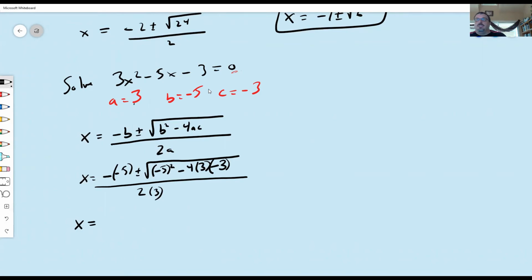Now I've plugged in, I just need to simplify. Minus and minus right here make a plus. Minus times minus here makes a plus. So 5 plus or minus the square root. 5 squared is 25, and minus times minus makes a plus. So 4 times 3 is 12, and 12 times 3 is 36, all over 6.